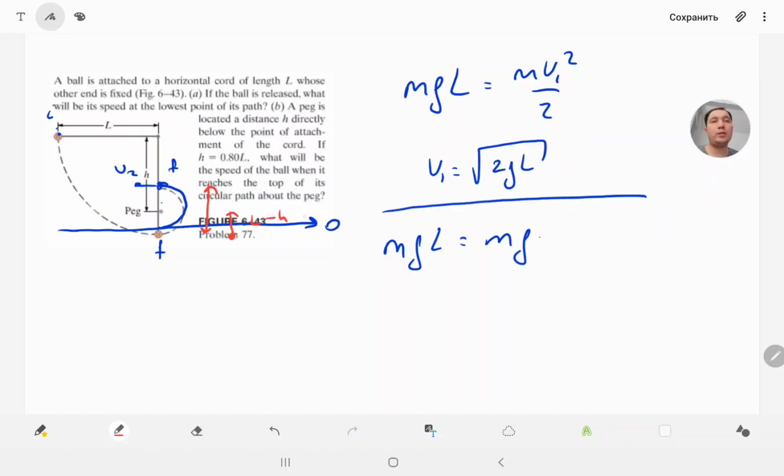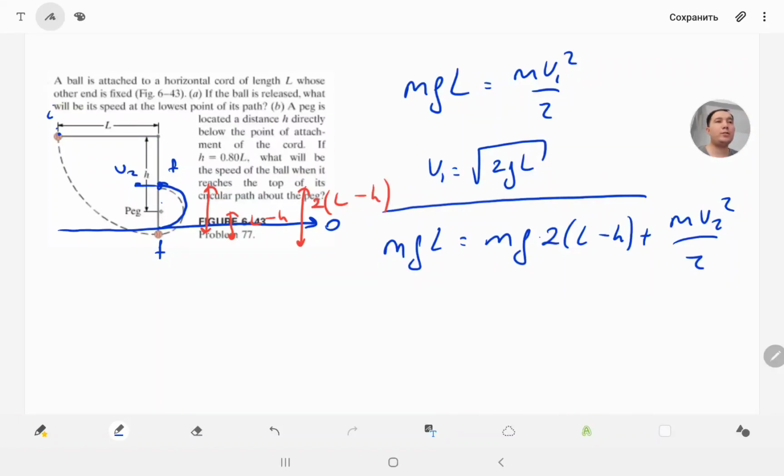So basically L minus h is the radius, yes? L minus h is the radius. So this height will be equal to 2 times the radius, basically 2 times (L minus h). So the final height equals 2(L minus h), and plus, of course, it has a kinetic energy.